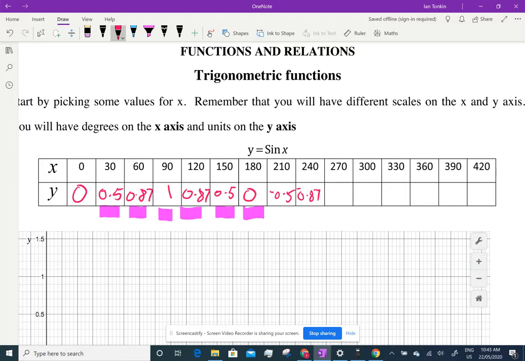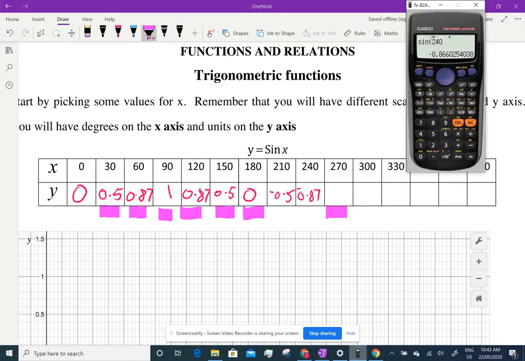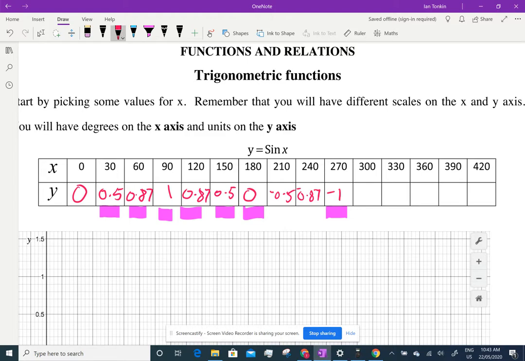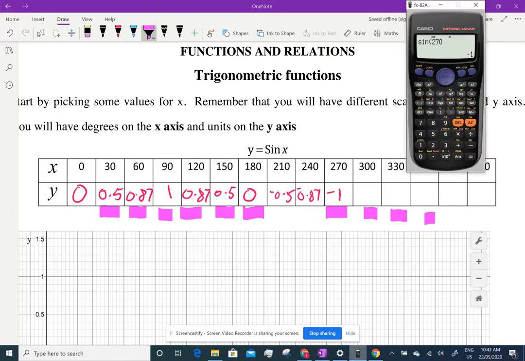See if you can make a prediction about what that will be, and see if you're right. Sine 270. I wonder if you predicted that it would be negative 1. And then see if you can make predictions about these ones, and let's see if you're right. Sine 300.